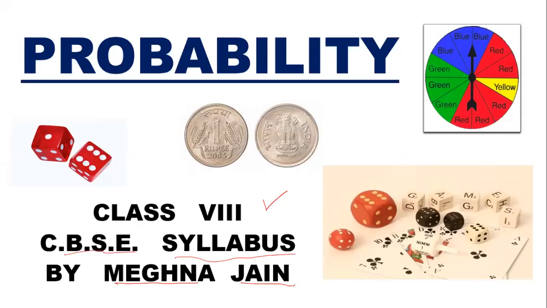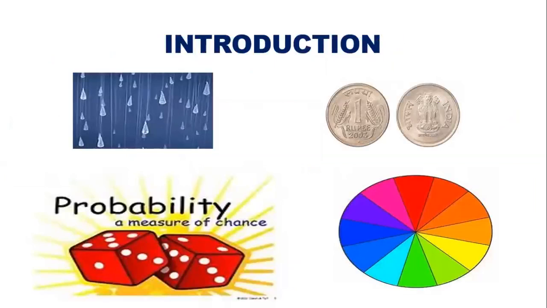What is actually probability? In probability, we are going to deal with all these things as you can see in the cover page, that is dice, coins, cards. We are going to calculate the probability of the given things. What is the probability of raining today?